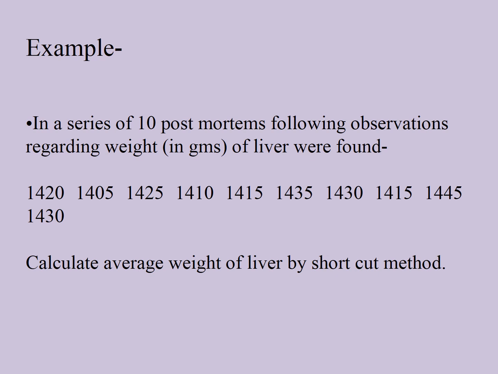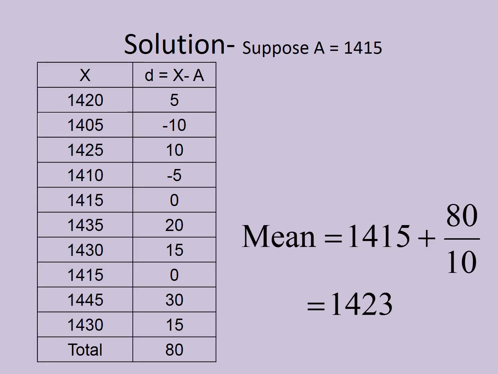So let's see how to calculate it by the shortcut method. Here you have to make a table of 2 columns. The heading of the first column is weight of a liver, and the second heading is difference of the weight of a liver from the assumed value.